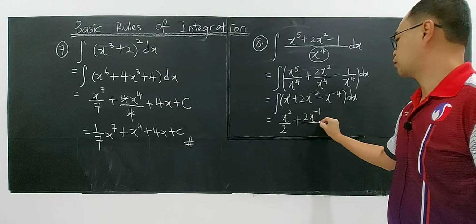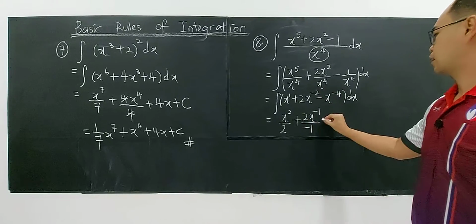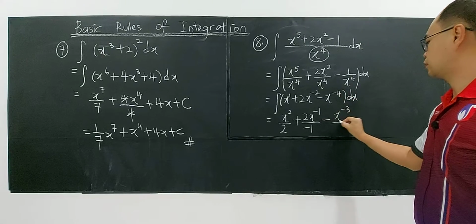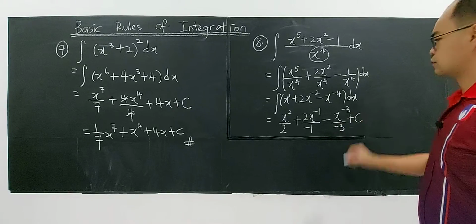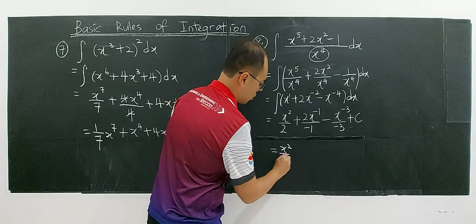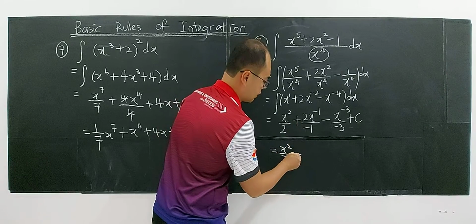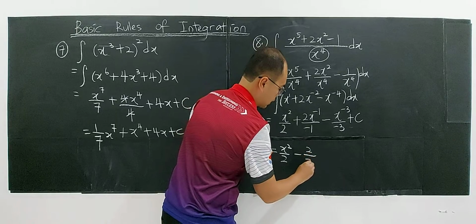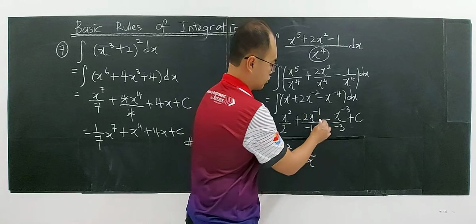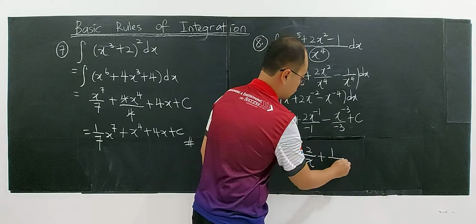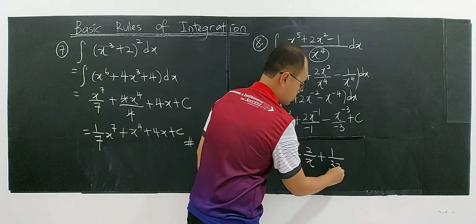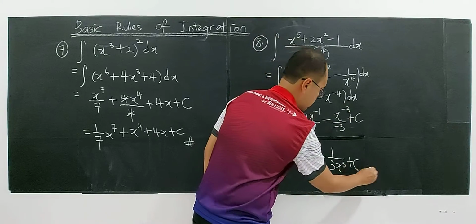So you have negative 1 over negative 1 minus x to the power of negative 4 plus 1, negative 3 divided by negative 3 plus c. As simple as that. So then you have x squared over 2, plus negative 2 over x, right? Because x to the power of negative 1, so x to the power of 1 here. So negative, negative, positive 1 over 3, x to the power of negative 3 is 1 over x to the power of 3 plus c.